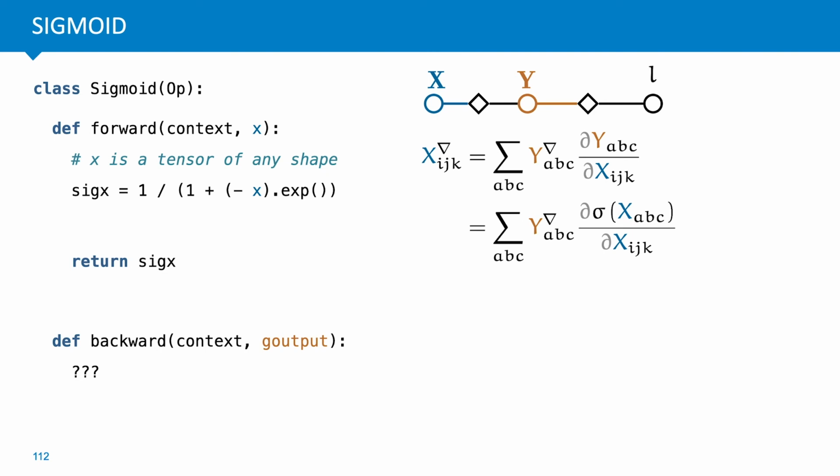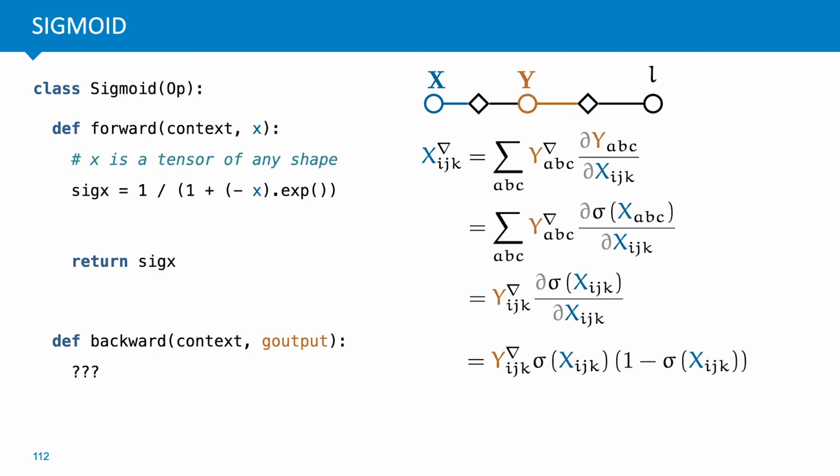We fill in the definition, which is simply the sigmoid function. We note that this sigmoid is constant with respect to x_ijk unless a equals i, b equals j, and c equals k. So we get rid of all the other terms. And now the derivative that we're looking for is simply the derivative of the sigmoid function, which we've seen before, which is the sigmoid times 1 minus the sigmoid.